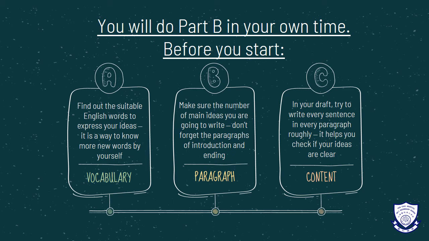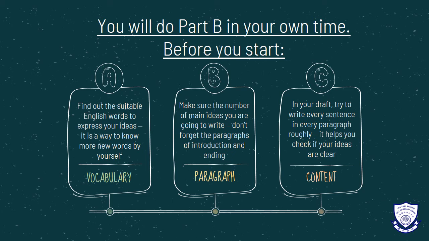And as for part B, you are going to read the first paragraphs of these four test types again and decide which paragraph or which piece of writing you would like to continue with. But before you start, there are still some tips I would like to share with you.